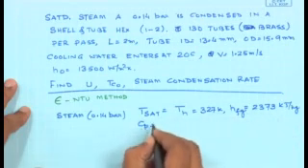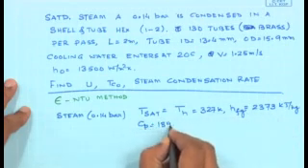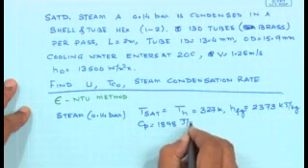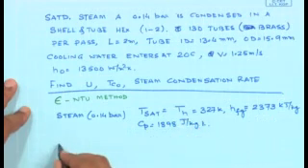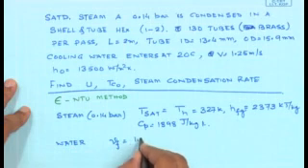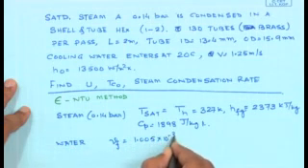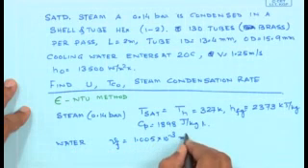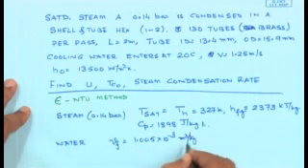The value of the heat capacity is 1898 joule per kg Kelvin. Whereas for the cooling water, the specific volume is 1.005 into 10 to the power minus 3 meter cube per kg.